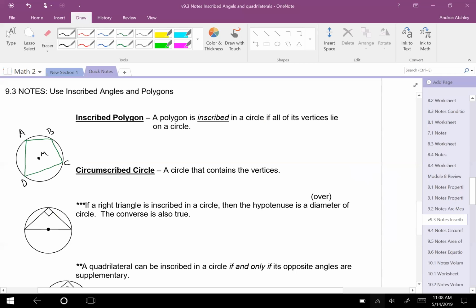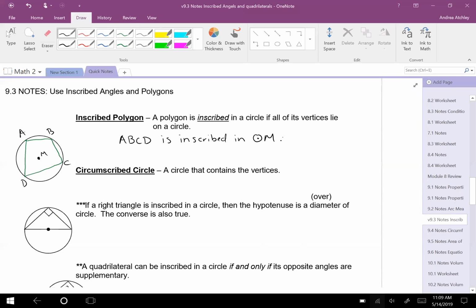Okay, it's a quadrilateral. It would not be a rhombus, maybe a trapezoid. Okay, an inscribed polygon, so we would say that quadrilateral ABCD is inscribed in circle M. Circumscribed describes the circle.